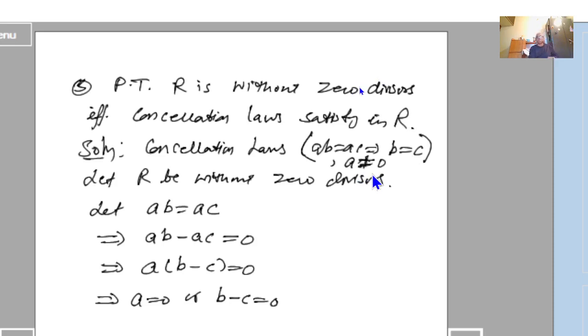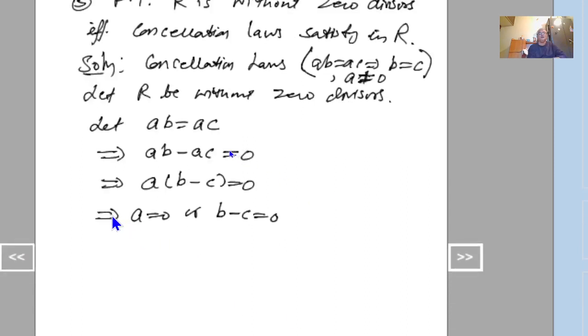Why are we getting this? This is because R is without 0 divisors.